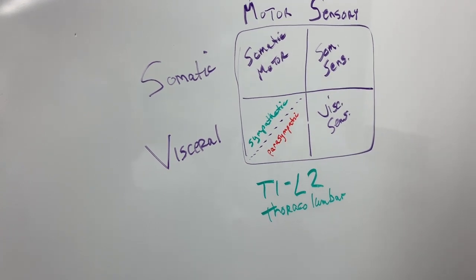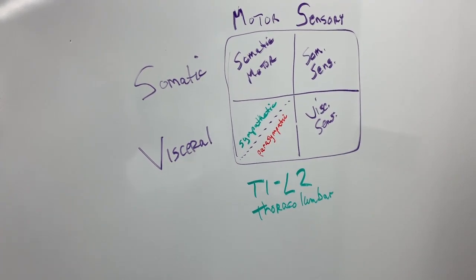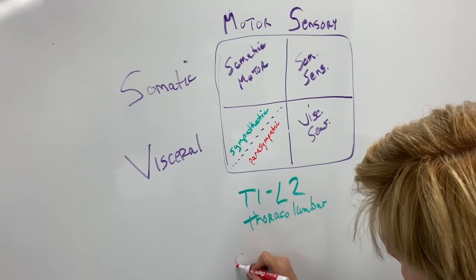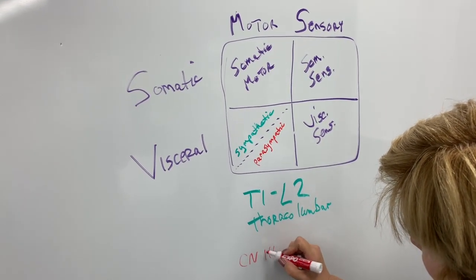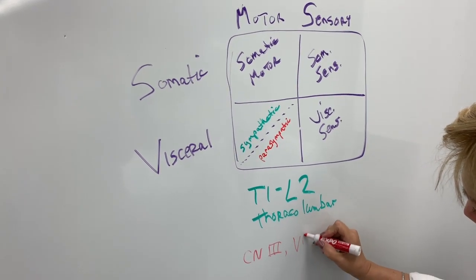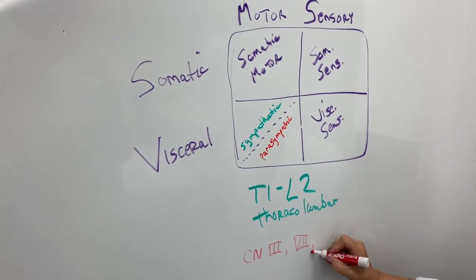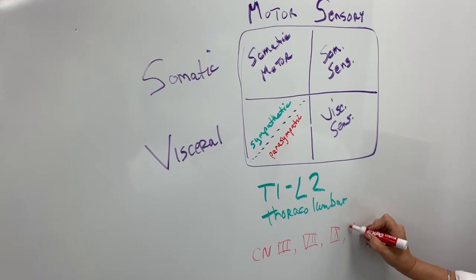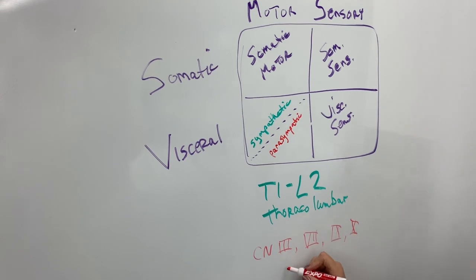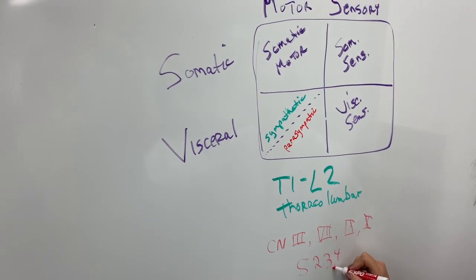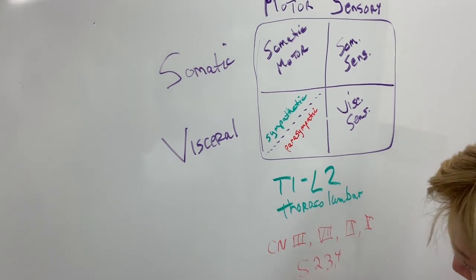And the parasympathetic, which is our craniosacral, starts from cranial nerves 3, 7, 9, and 10, and from S2, 3, and 4. This is called our craniosacral.